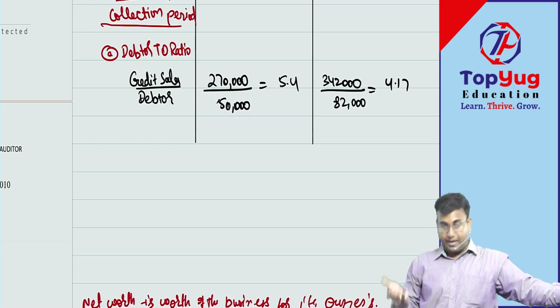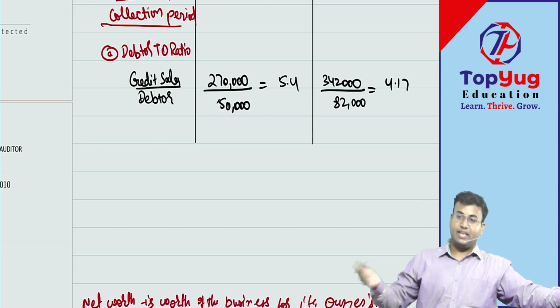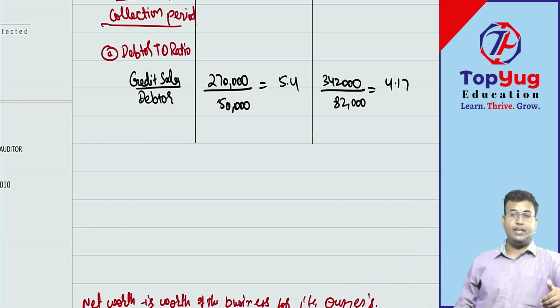I am not repaying; it is the time to collect. Debtors means collection. Repaying will come in creditors, not debtors, right? So now what is happening? I am doing sales of 2,70,000, and I have 50,000 rupees of debtors at a given point of time in a period of 12 months.